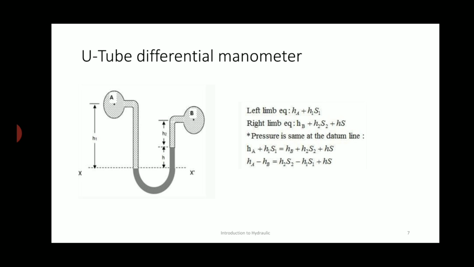So it is given by hA minus hB is equals to h2 S2 minus h1 S1 plus hS, where hA is pressure head at A, hB is pressure head at B, S is specific gravity of mercury, S1 is specific gravity of liquid A, S2 is specific gravity of liquid B.